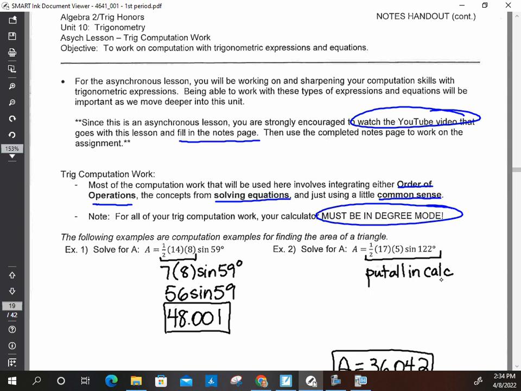Feel free to watch this video as many times as you feel you need to fill out your notes page. Fill out the notes page. That way you have it. And then, of course, complete the assignment. Again, this lesson will not be retaught in class, so you need to watch the video. Of course, I'll take questions, but you need to watch the video.